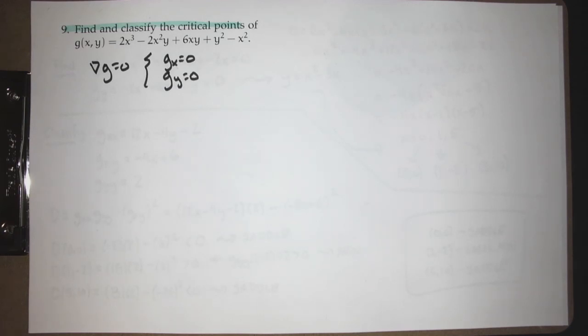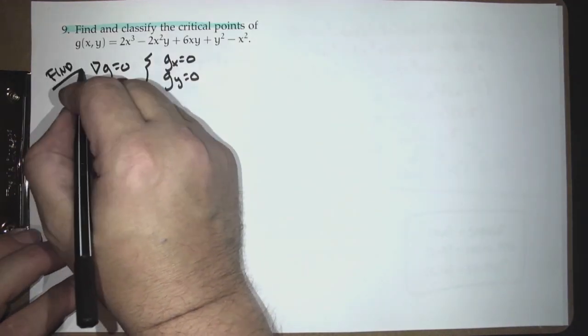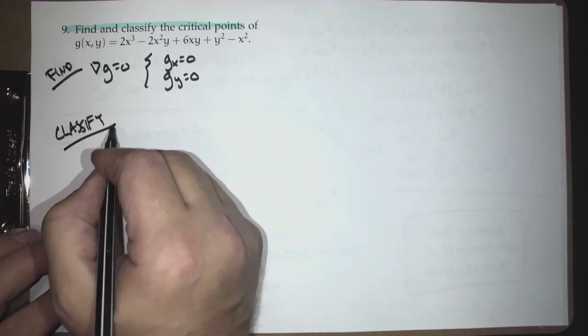So it'll always be a function of 2 variables. So you have your 2 partial derivatives, you set them equal to 0, 2 equations, 2 unknowns, but 2 interesting equations because they tend not to be simple. They tend to be polynomial. So that's your find.